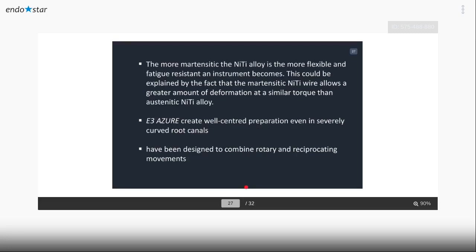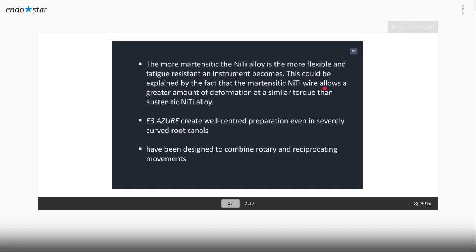So these four points, and in addition, when you have more martensitic nickel titanium alloy, you get more flexibility and more fatigue resistance, which means that the file can be deformed, detwisted, recurved and take a double S shape more than austenitic nickel titanium wires.